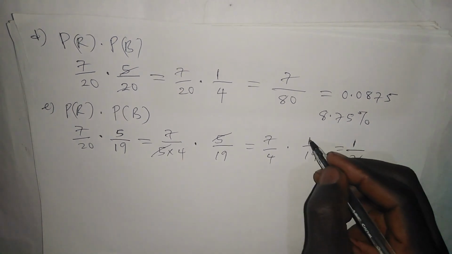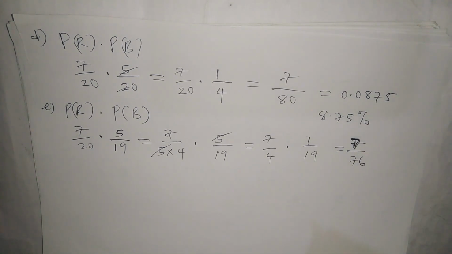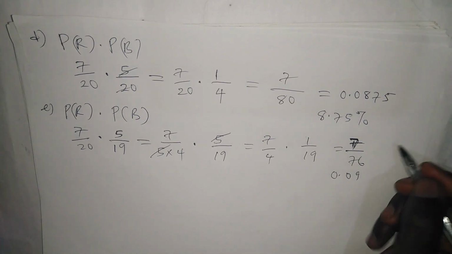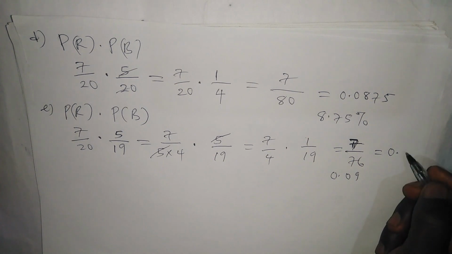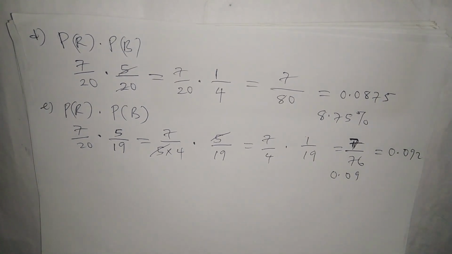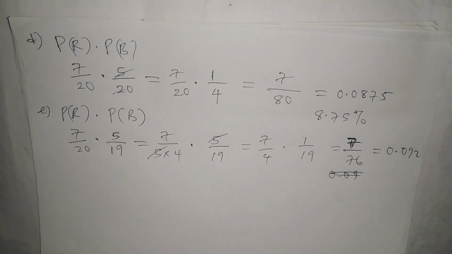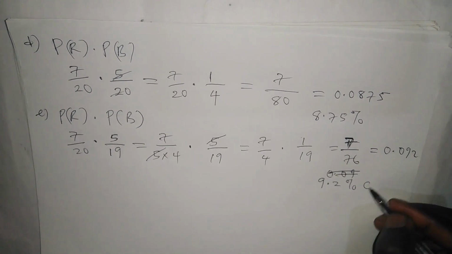Sorry, this is 7, not 1. 7 divided by 76 is equal to 0.092, right? So when you multiply this by 100, there's a 9.2% chance of selecting a red then blue marble without replacement.